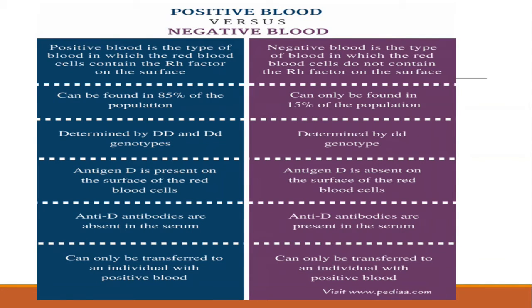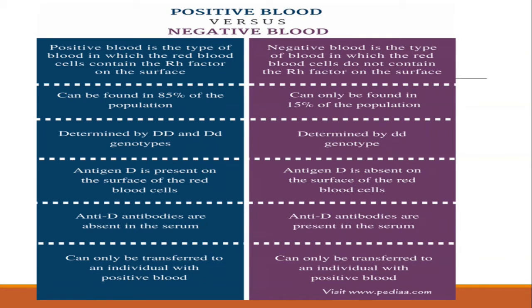Positive blood is a type of blood in which the red blood cells contain the D antigen. Okay, this is only the definition. It is found in 85% while negative is 15%, determined by D and small d genotypes. If capital D and capital D are present, there is a 100% chance that it is RH positive.